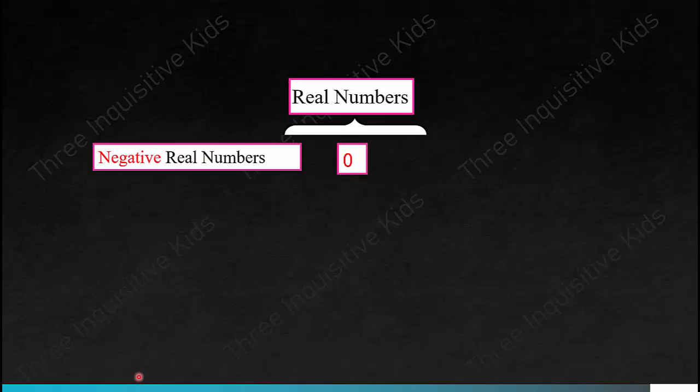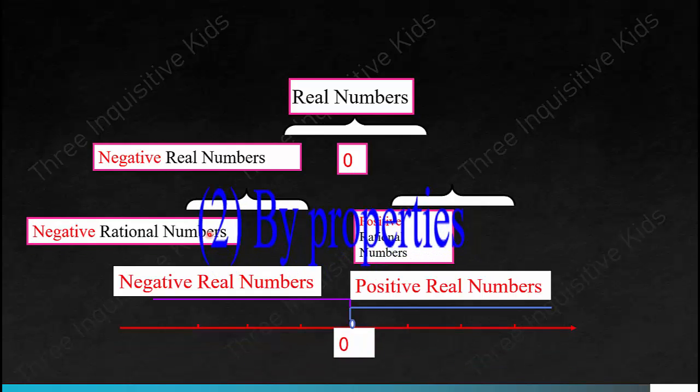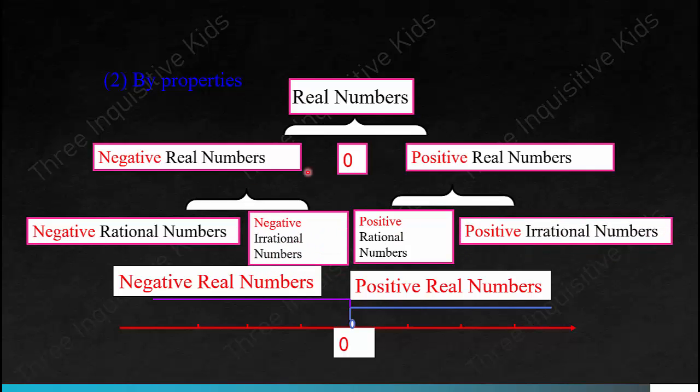So real numbers can also be split into negative real numbers, 0, and positive real numbers. And then there is also, let me just pull this up. Alright, so this whole thing is by properties. Real numbers can be split into negative and positive real numbers. So let's first look at negative real numbers.